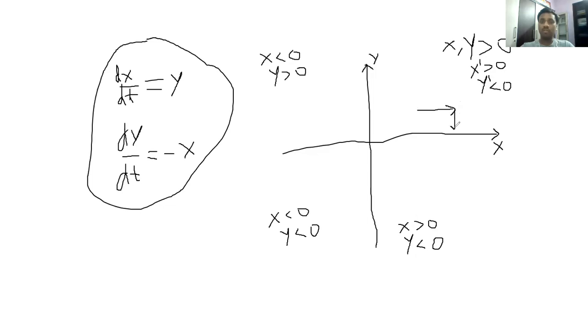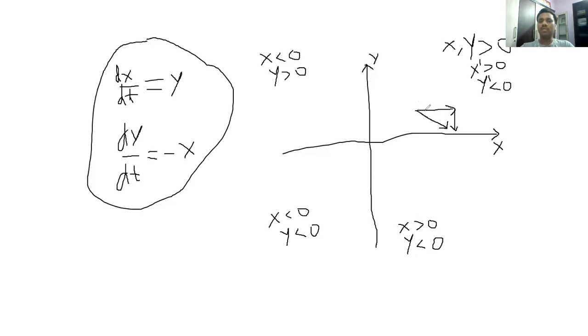If it was positive, then the arrow would be positive. Then what will be the resultant? If dx over dt is in this direction and dy over dt is in this direction, then the resulting direction will be this one.